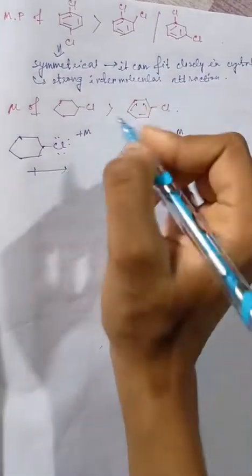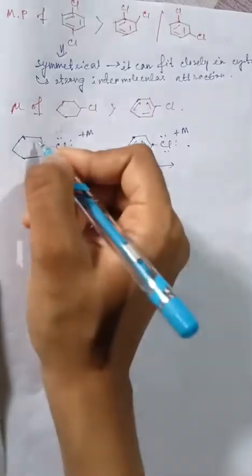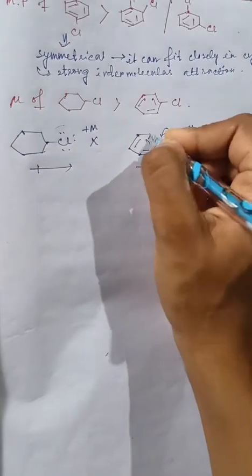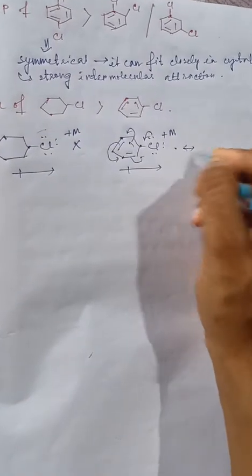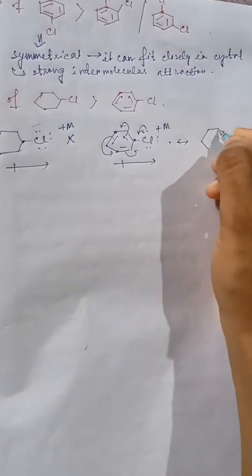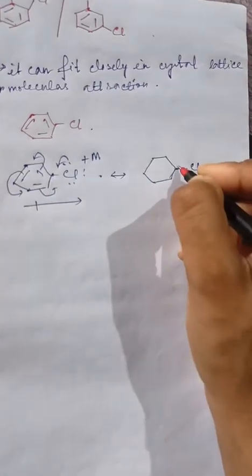So now what happens here, the plus M effect is not operative. Why? Because there is no conjugation, so no plus M effect, no resonance. But here you see the resonance happens, isn't it? So due to this, the structure looks like this. Now what happens, since the lone pair is in resonance with this double bond, this single bond gains partial double bond character.